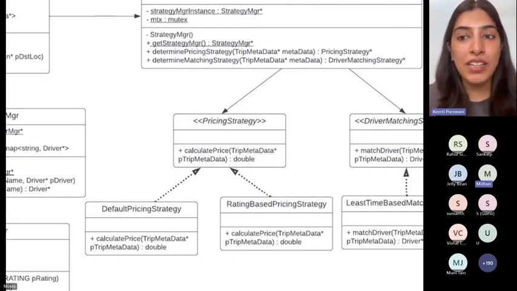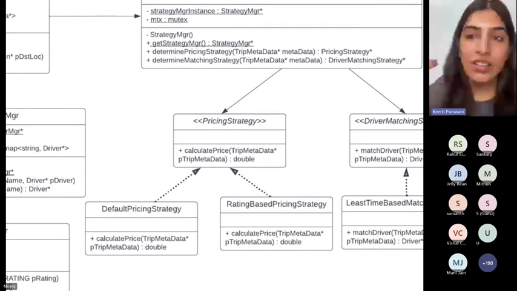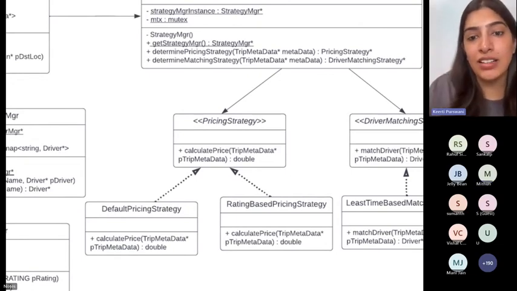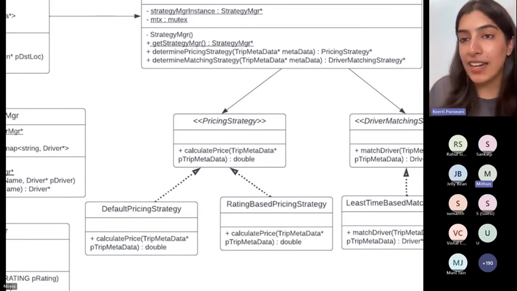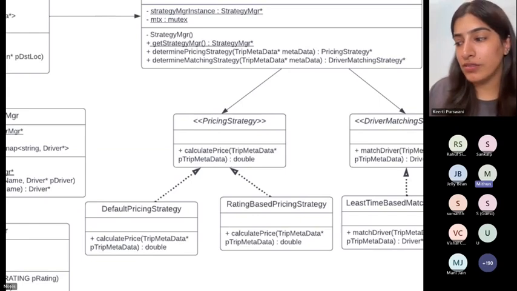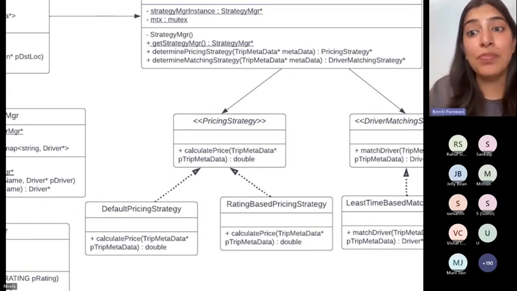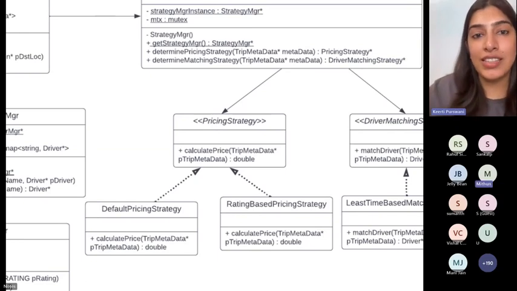No, no. A is a B, so B is the base class. A is a B: derived class is a base class, correct? So here default pricing strategy is a pricing strategy. Okay, so over there B was the base class and A was the derived class? Yes, A is a B. So A is extending from B basically.